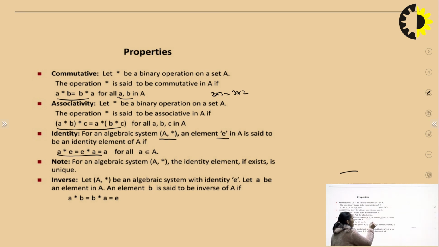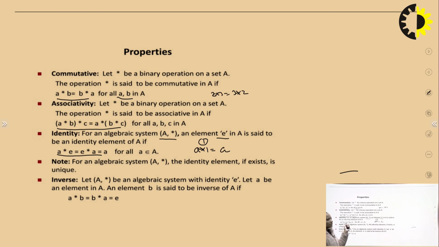It means that if we perform the operation, what is the identity element? Suppose for multiplication 1 is the identity, then if we perform a cross 1, we get again the same element a. So here 1 is the identity.